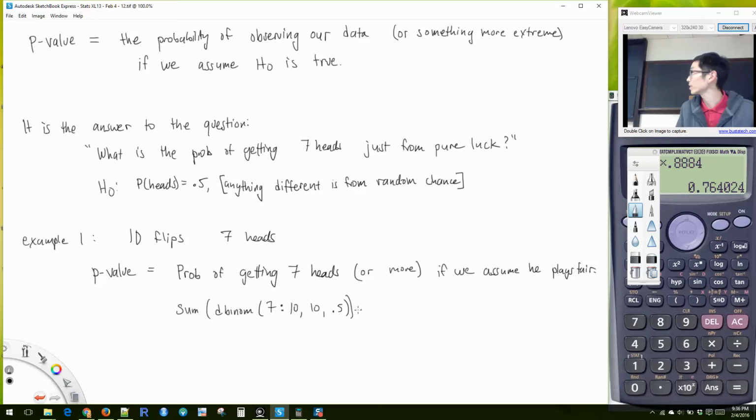This is my p-value, right? Or 10 choose 7, 0.5 to the 7, 1 minus 0.5 to the 10 minus 7 or 3, plus 10 choose 8, dot dot dot, 10 choose 9.